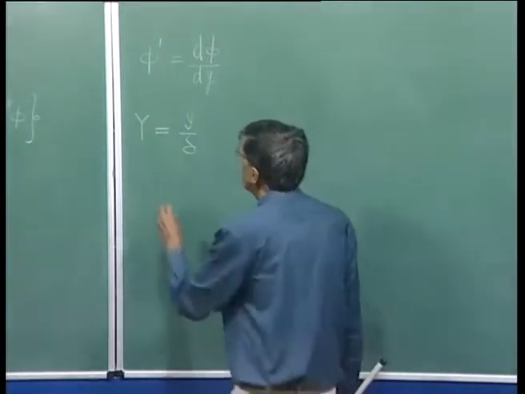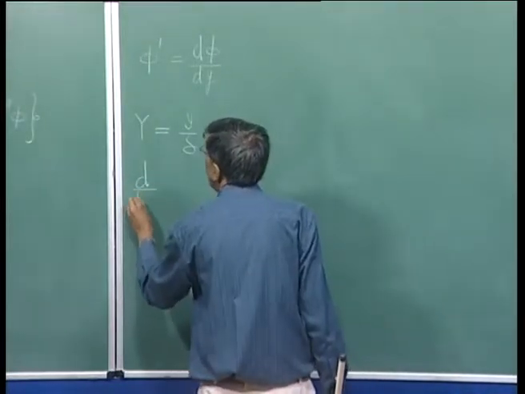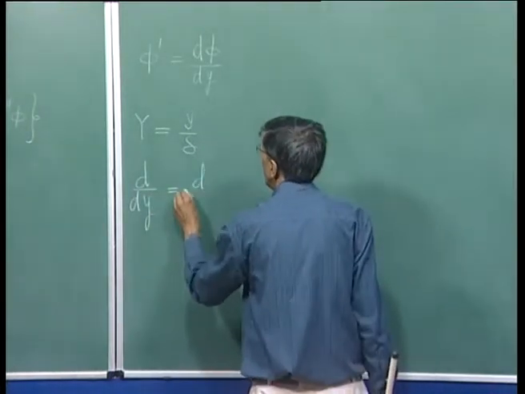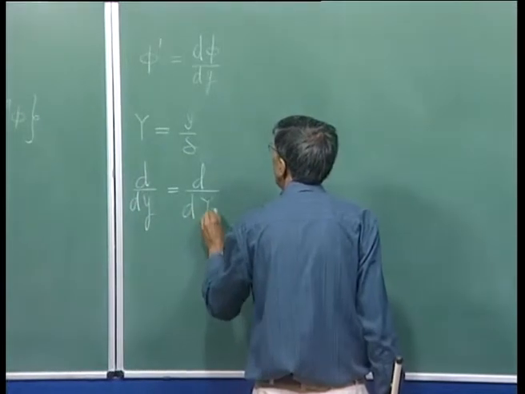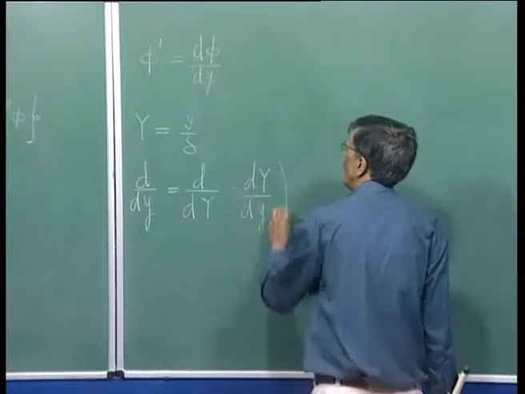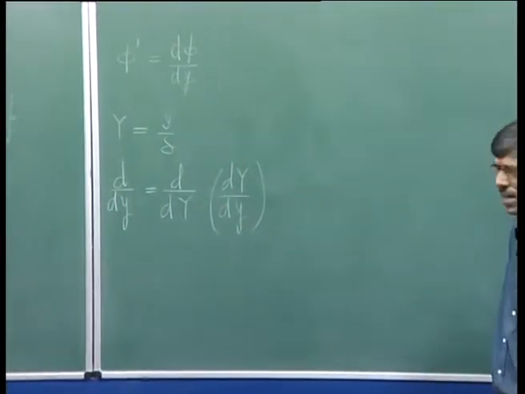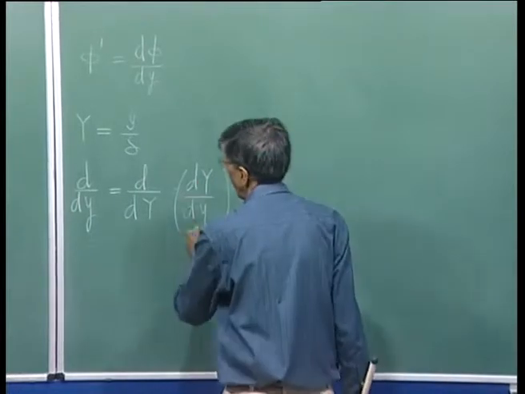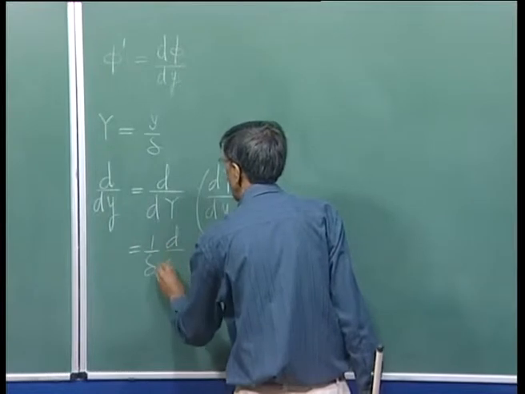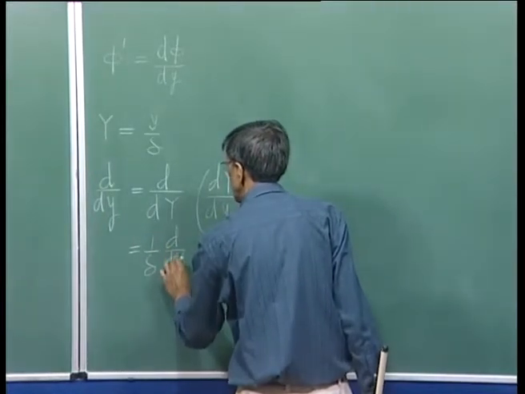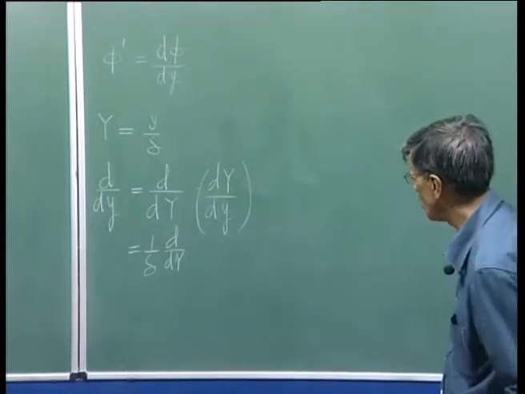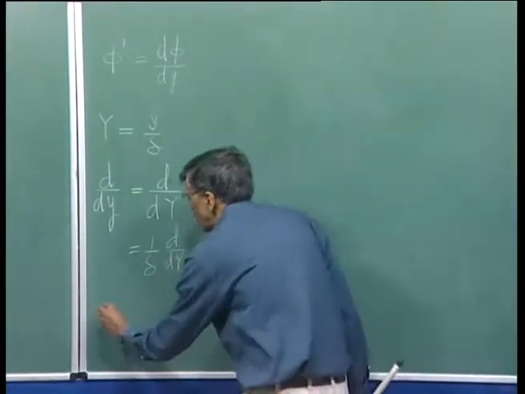So, what I could do is write d/dy equal to d/dY times 1 over delta, very easy. Right? So, you can carry on the story further.